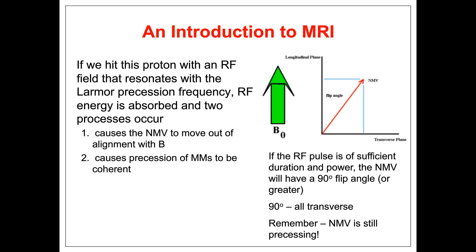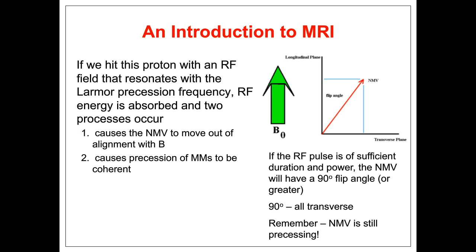And that net magnetization vector starts to move out of being parallel with B0, that is, it moves out of the longitudinal plane and starts to flip into the transverse plane. And it's still precessing. So imagine that red arrow there representing the net magnetization vector coming out of the slide on the right and going into the slide on the left and so forth, and it keeps spinning.